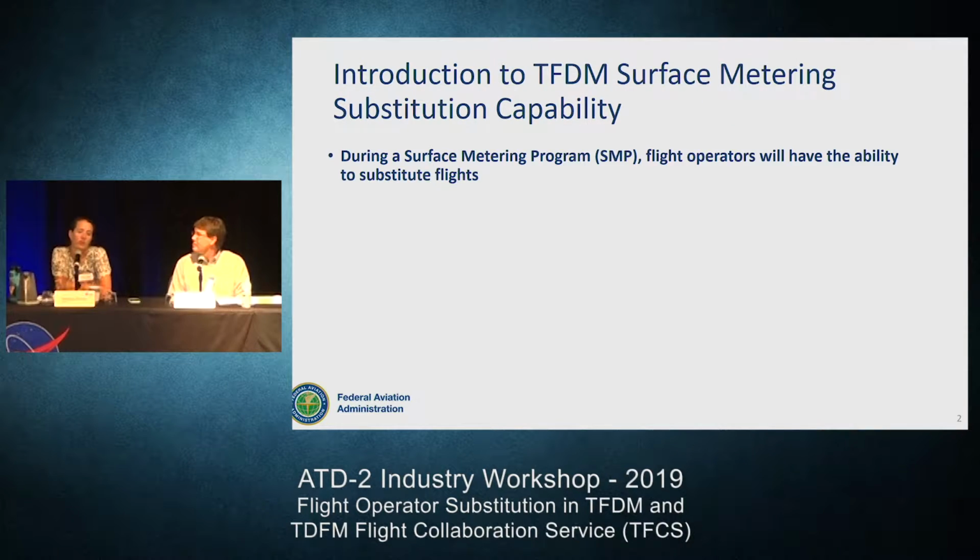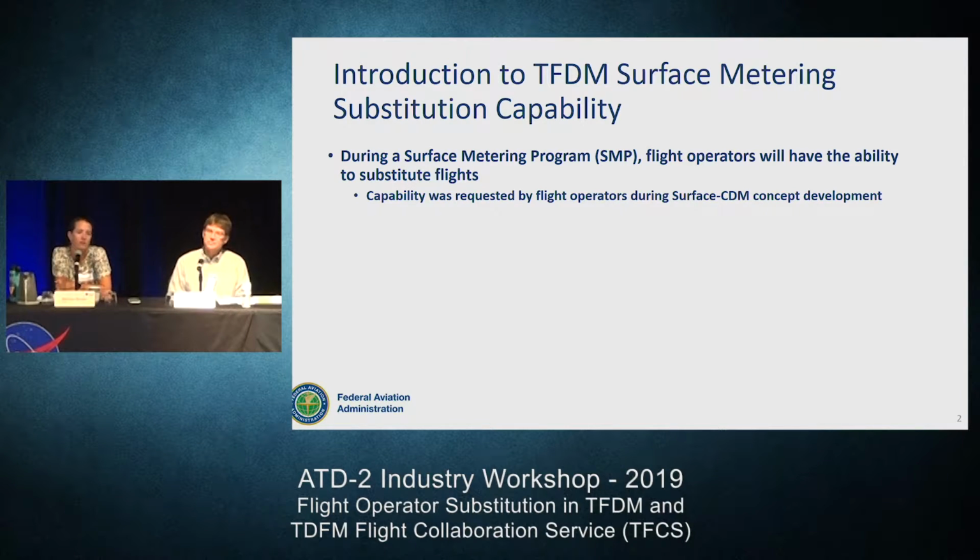So just to give a quick introduction to TFDM surface metering, substitution, and the ability to do substitution as part of SMP, surface metering programs. The TFDM program made an agreement out of the SCDM CONOPS and concept. This capability was requested by airlines during that development, and TFDM adopted requirements to support substitution.